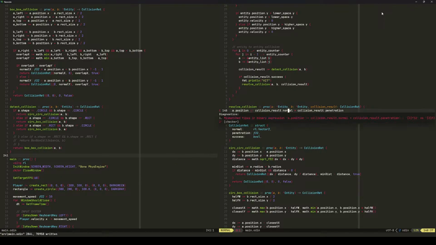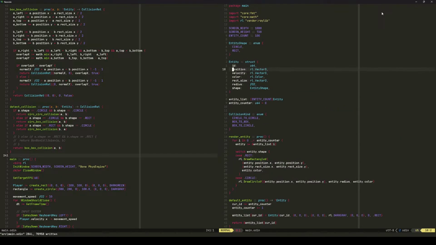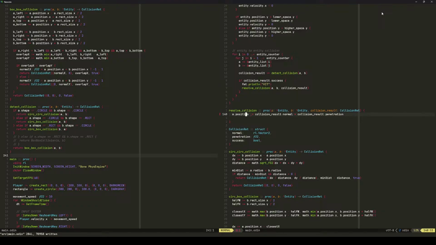I think binary types is equal to... wait, what? Mismatch types of binary a minus position result normal is position 2. Crazy. I gotta do this.